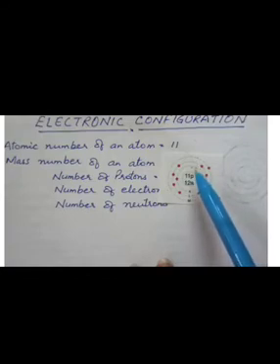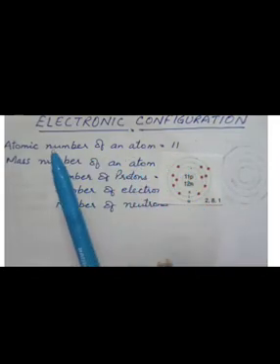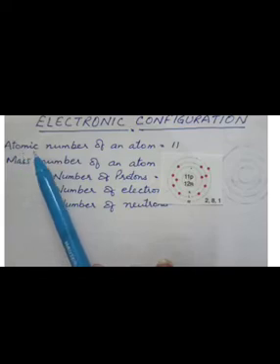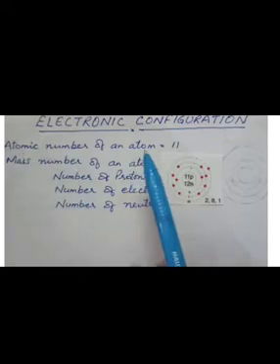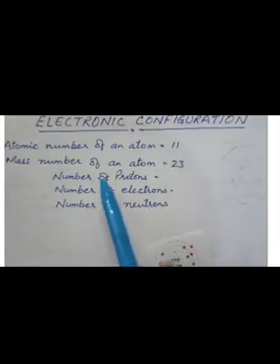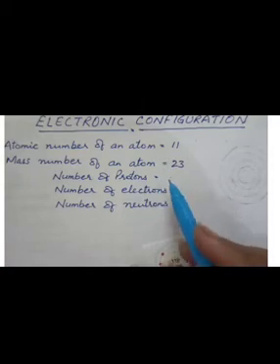Now today we will learn what electronic configuration is, that is your distribution of electrons in different shells. For example, suppose X is an atom whose atomic number is 11, right? And mass number is 23. So how many protons are there?